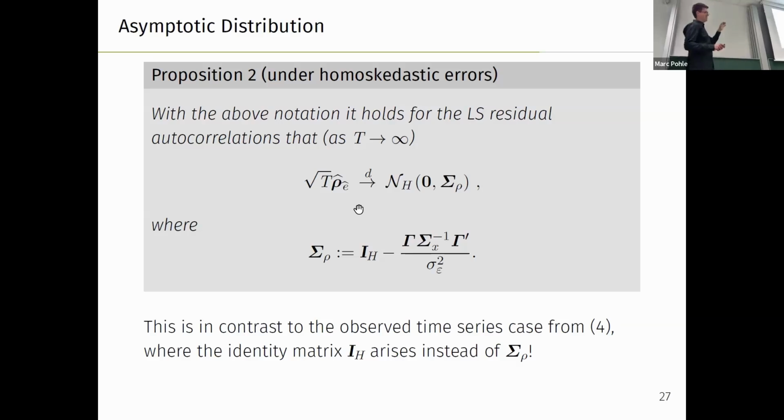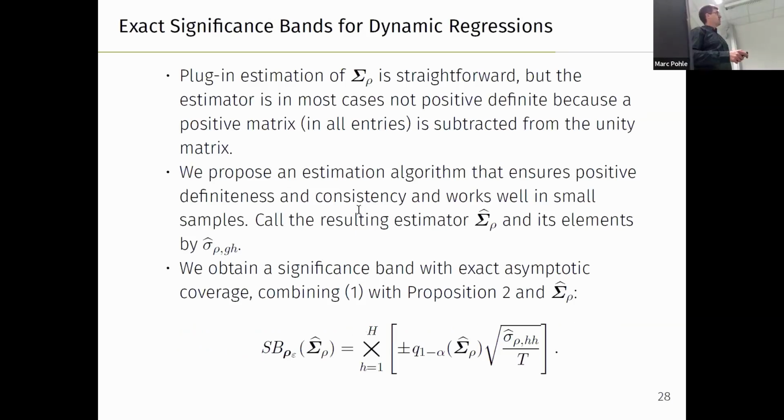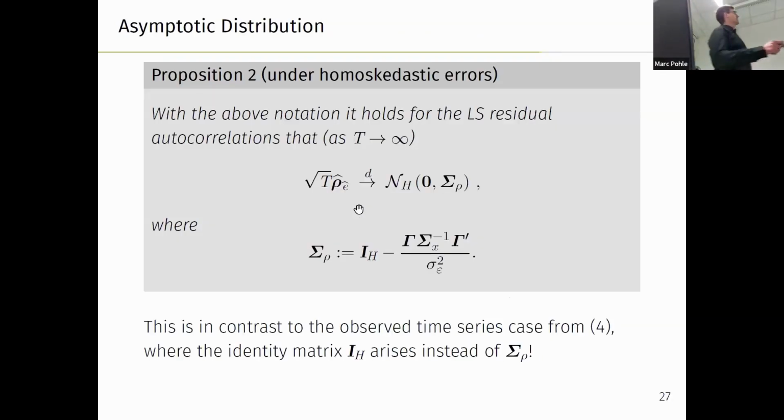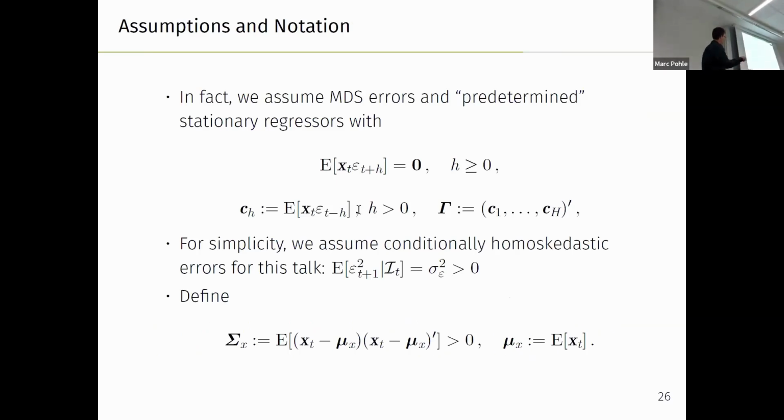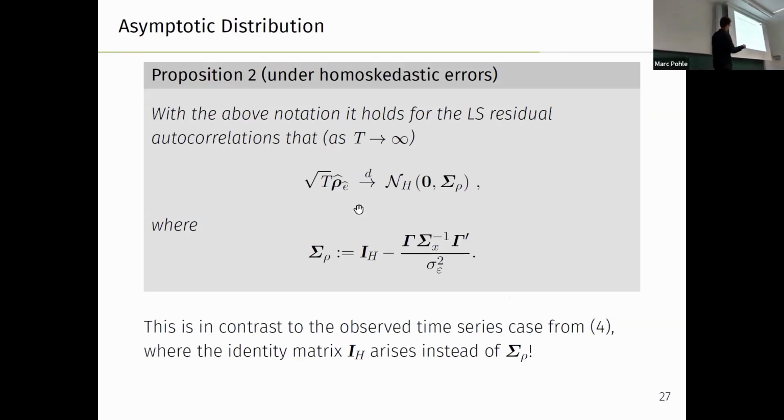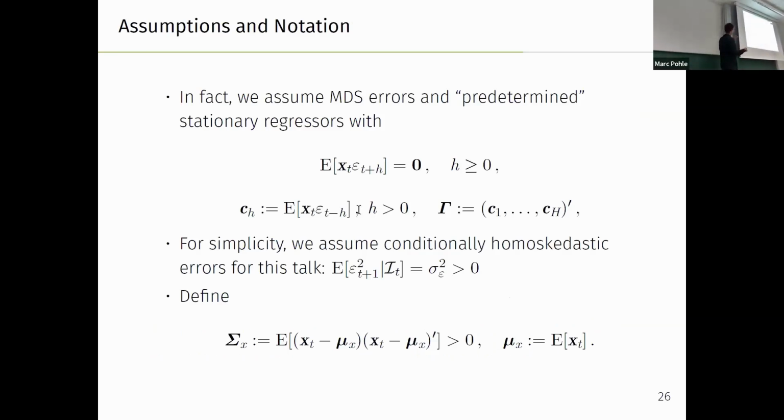This is in contrast to the observed time series case, so there is an interesting result for the regression residuals. Gamma, I didn't explain it properly: the C's capture the correlation between the errors and the regressors, and gamma is the vector. It's clear that this difference is positive definite.